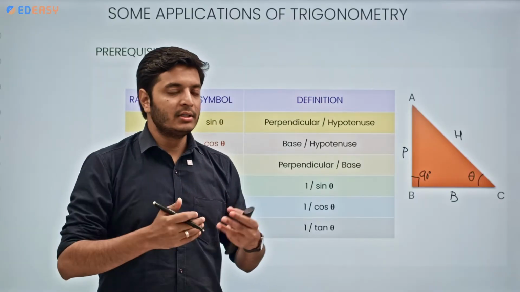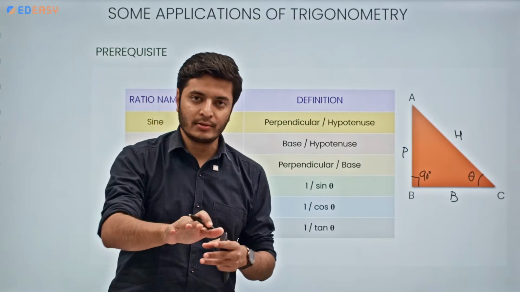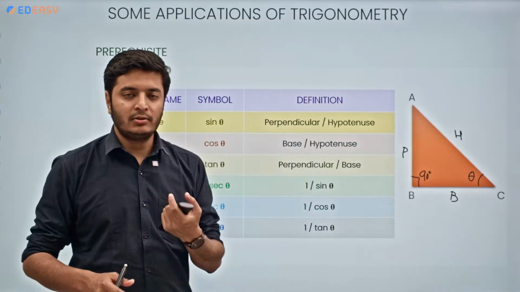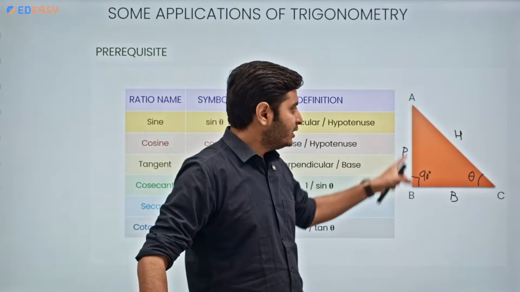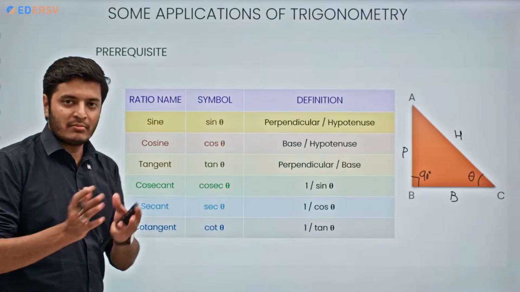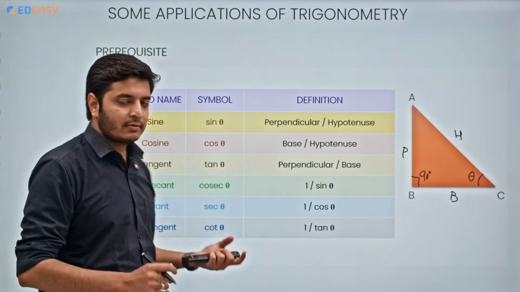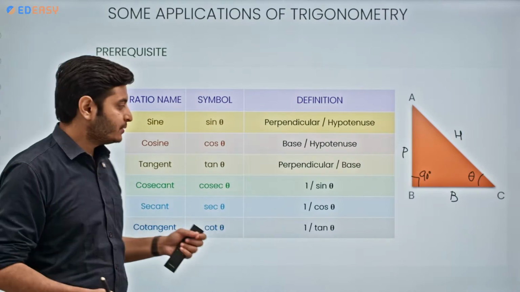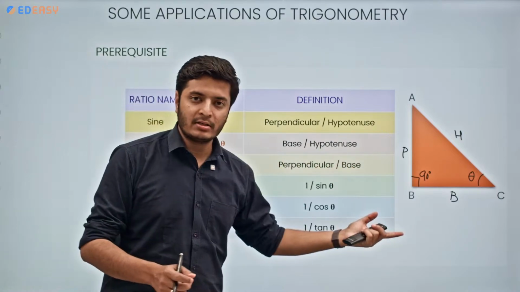When we are talking about the distance, we are talking about the horizontal distance. So perpendicular and base are the two things which usually represent the vertical and the horizontal distance between any two objects. So that's why you are going to deal with tan theta most of the times in most of the problems. Value of tan theta is perpendicular by base.